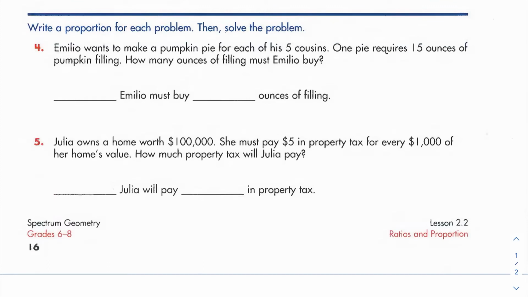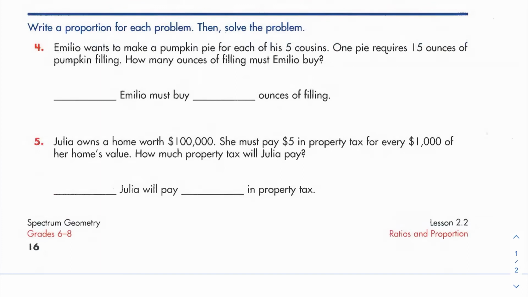What you are going to do is take this information, set up a proportion equation, make it a fraction equals a fraction, make sure the top numbers are corresponding, representing the same pieces of information, and then the bottom numbers represent the same pieces of information. Once you have set it up, you will cross multiply and solve, and this will help you determine how many ounces of filling Emilio must buy.